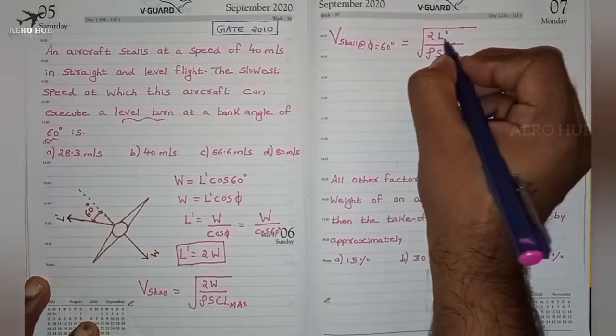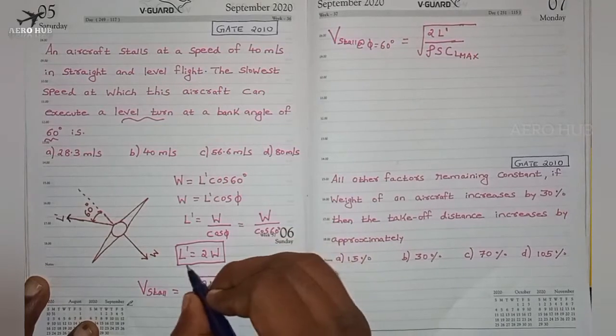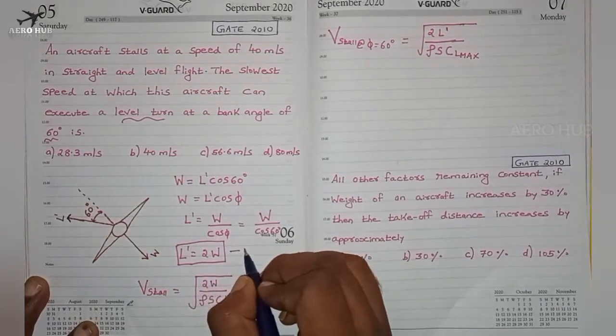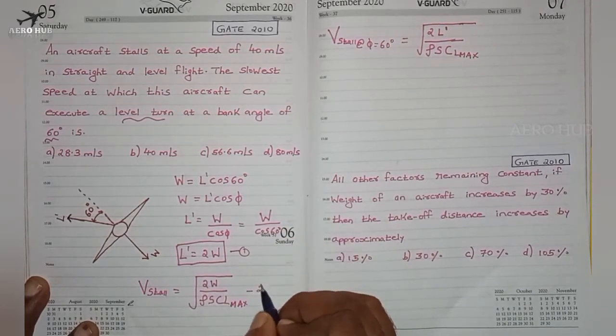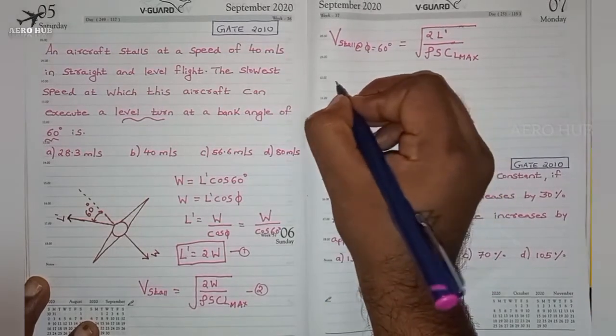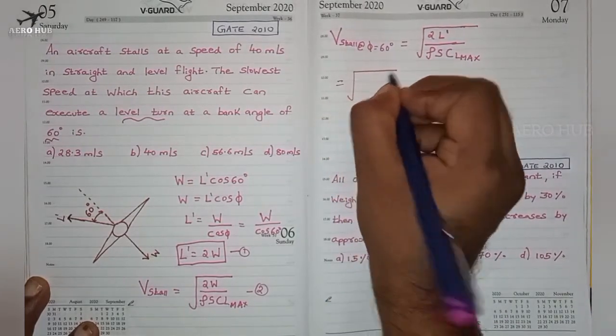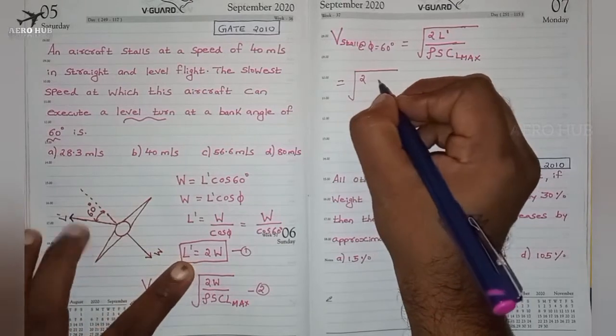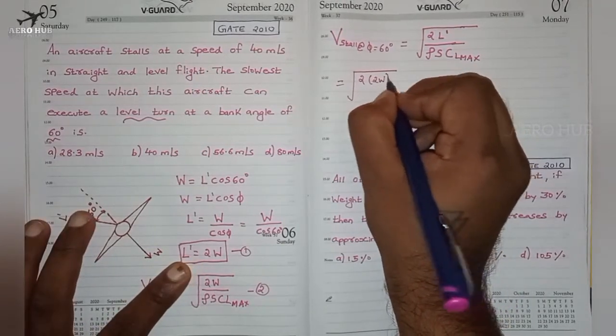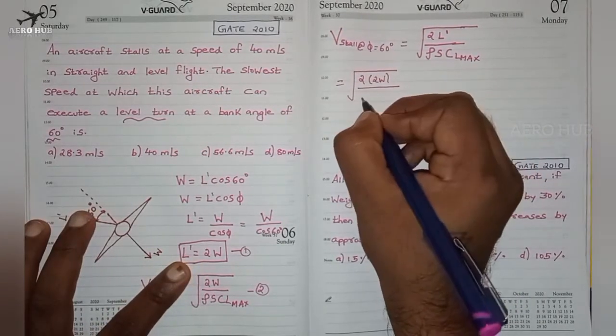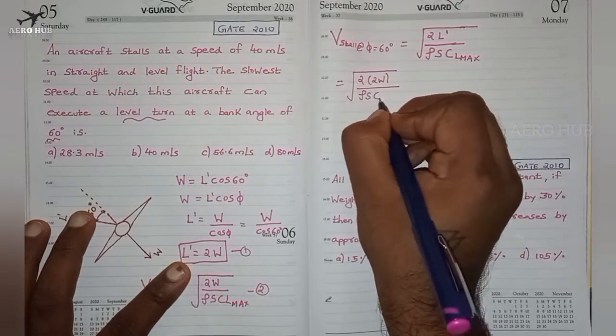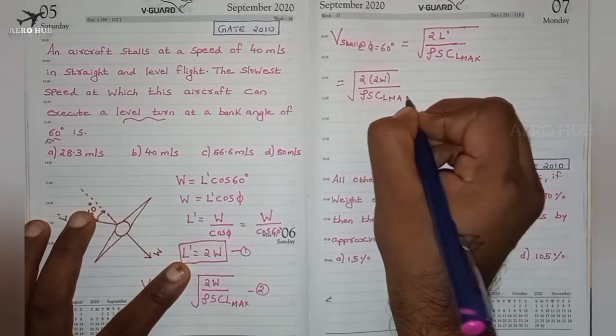For L dash I substitute 2W. I put this as equation number 1, this as equation number 2. So I can write root of 2 into 2W divided by rho S CL max.